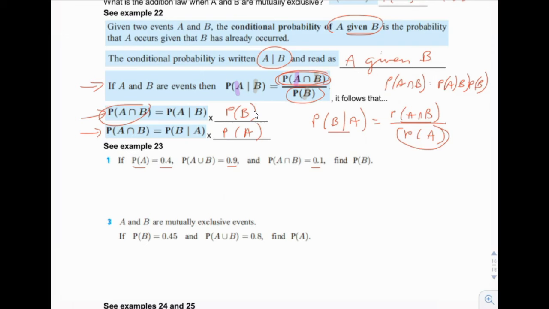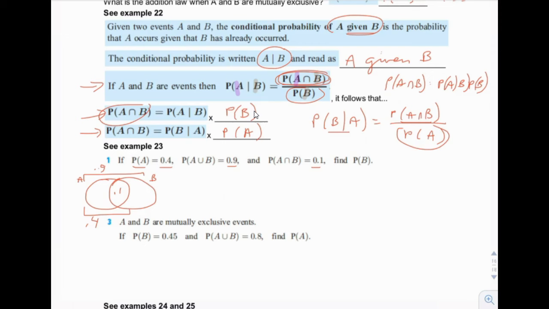You can use a Venn diagram too if you like Venn diagrams. So if you have A and B, the probability of A, the whole circle, is going to be 0.4. And then the union is 0.9, so the whole thing is 0.9. And then the A intersect B part, which is the middle part, is 0.1.